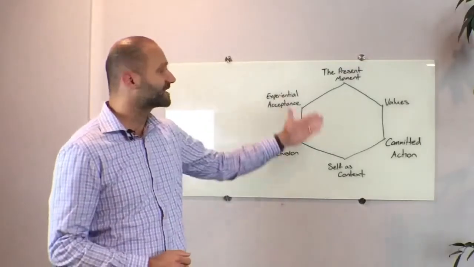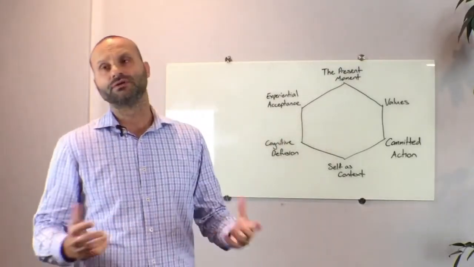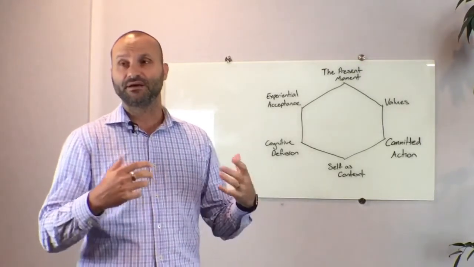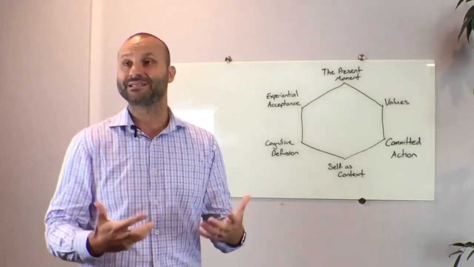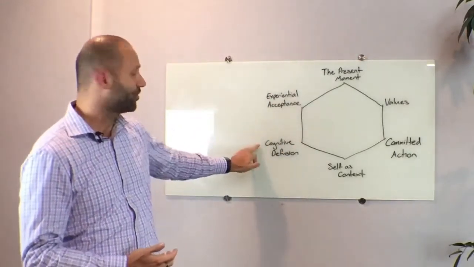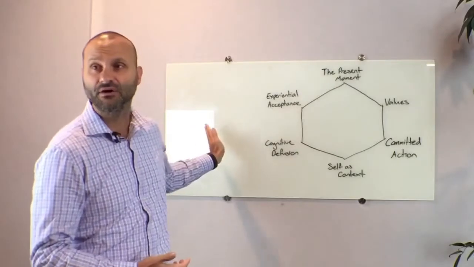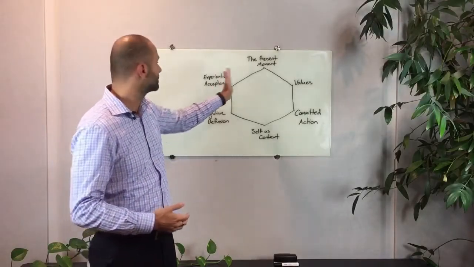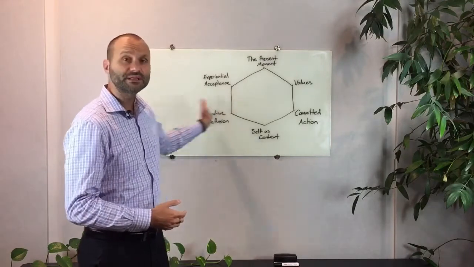You'll see there are 6 points here. All 6 points are provided for a single process. The first one being experiential acceptance and cognitive diffusion here on the left-hand side. The reason why I say first is because I like to separate the model into 3 sections. The first one being the left side.